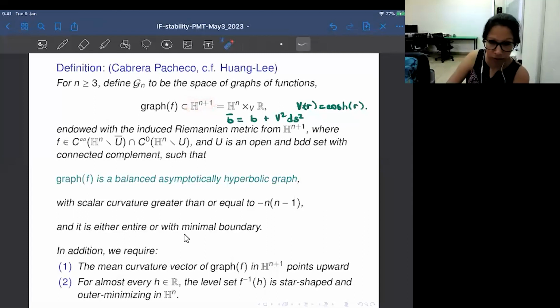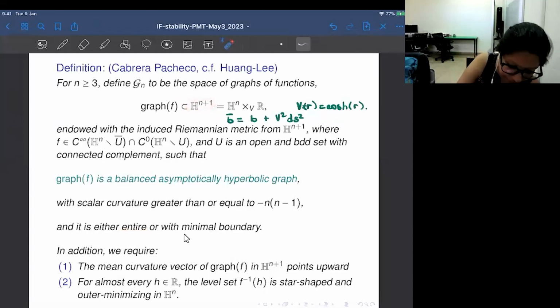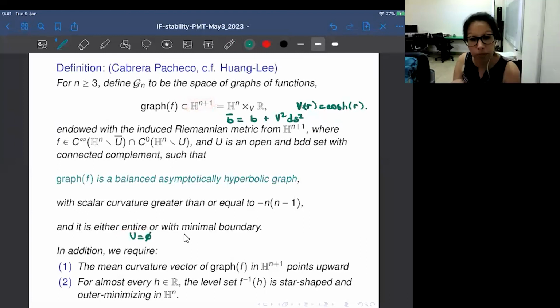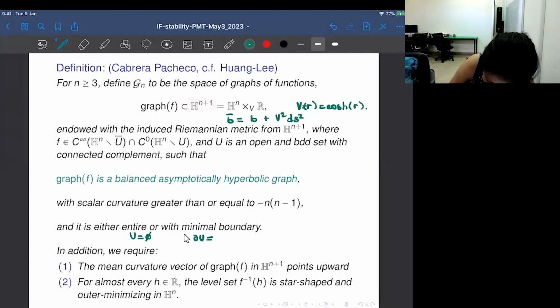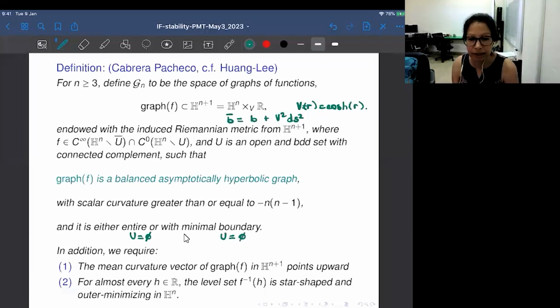Another thing that we are going to require is that this manifold is either entire, and entire, remember, means that U equals infinity, so there is no boundary, or if it has a boundary, so that boundary of U is different than the empty set, then this boundary has to be a minimal boundary.